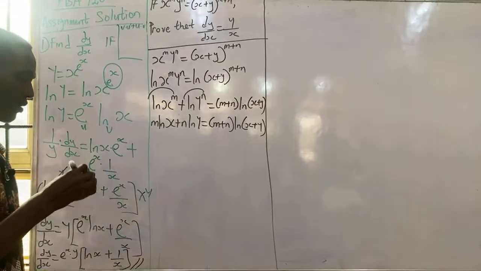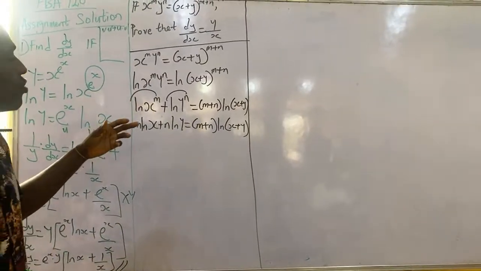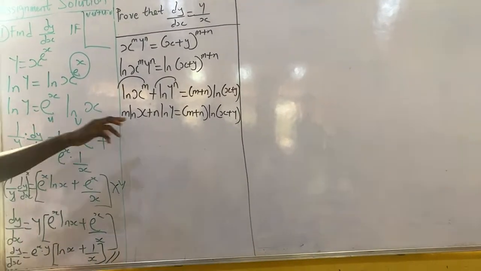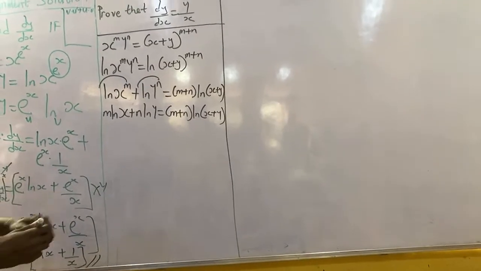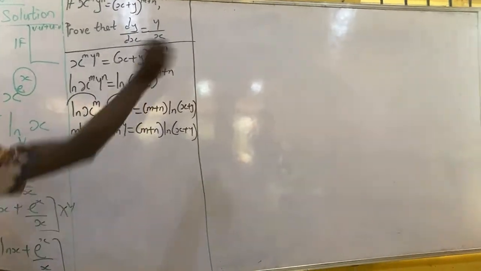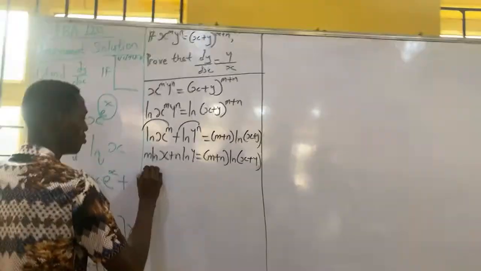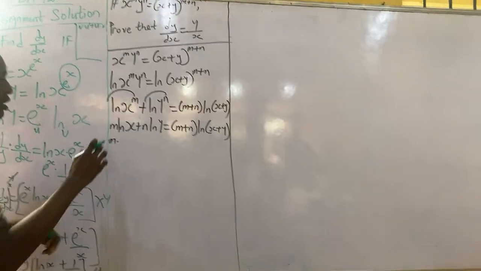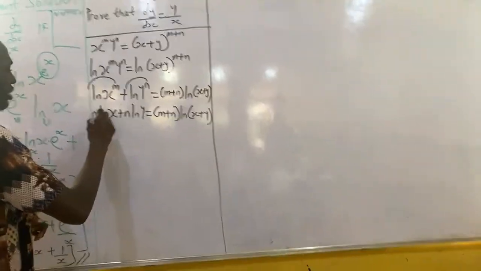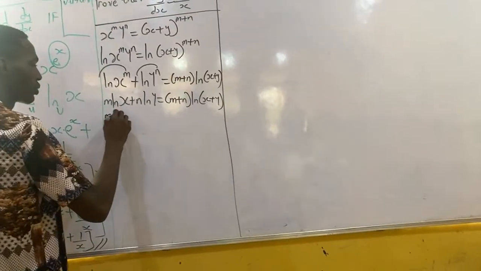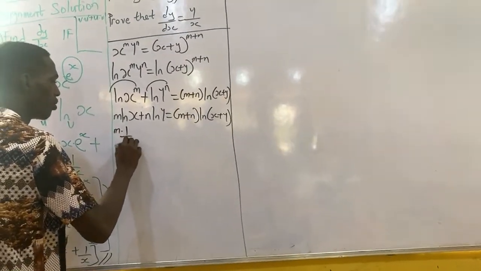So we know that whenever we find the derivative of ln of any number, it becomes 1 over x. So because this is x, and we are differentiating with respect to x, this is m times, because we assume m is the constant, so we leave it that way, and this will be the derivative of ln x, and that will give us 1 over x.